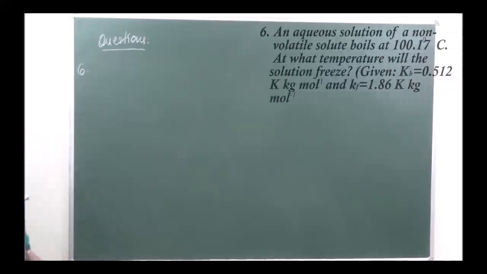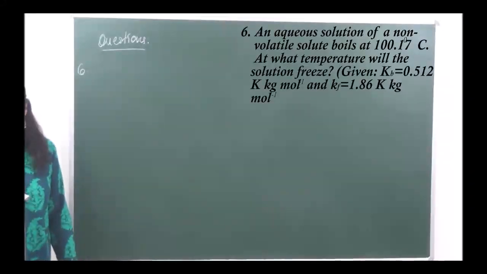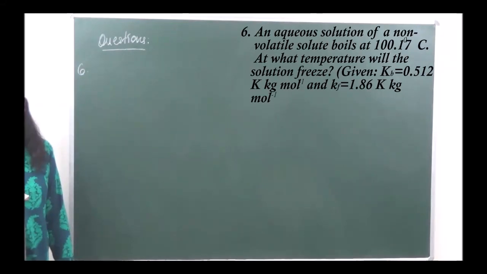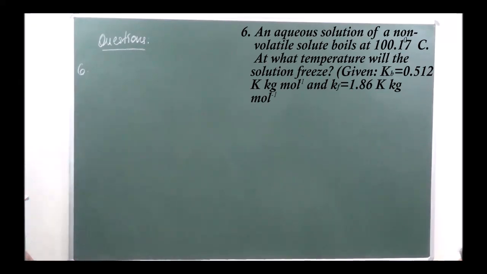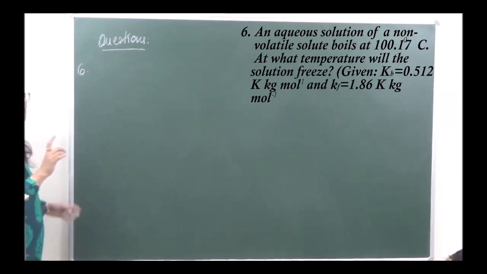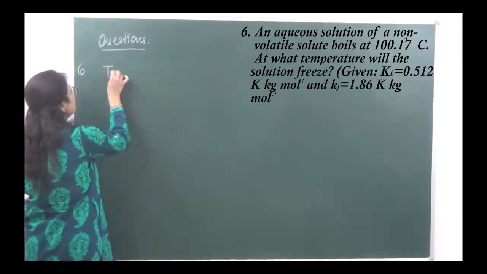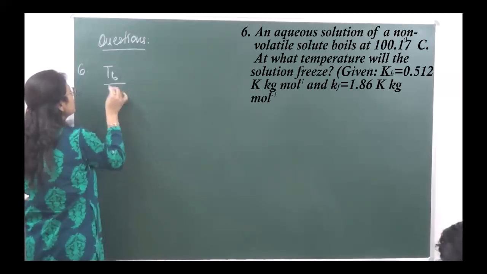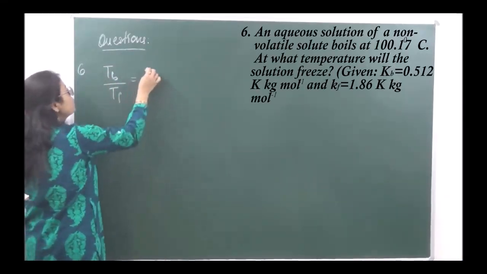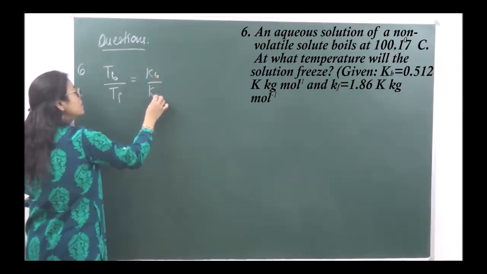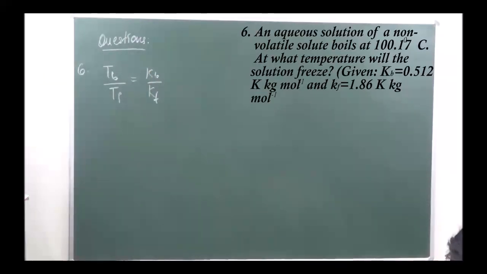Question number 6: an aqueous solution of a non-volatile solute boils at 100.17 degrees Celsius. At what temperature will the solution freeze? For this we can use a direct formula, delta Tb upon delta Tf is equal to Kb upon Kf.